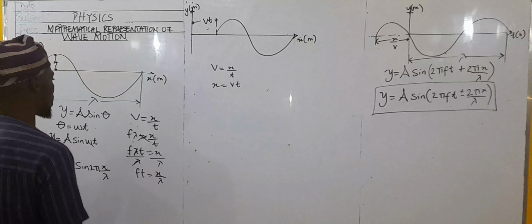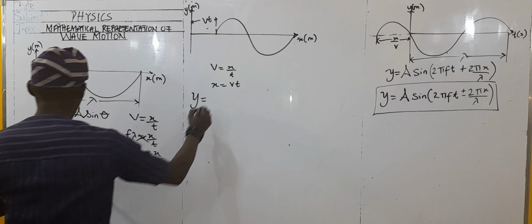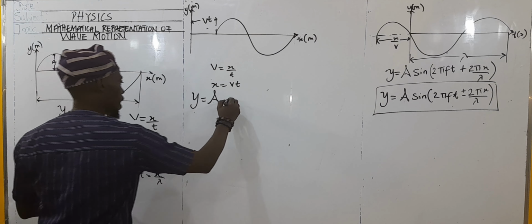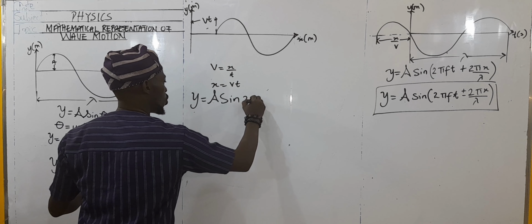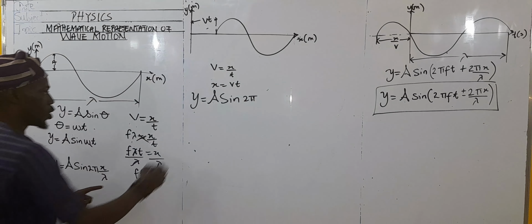So now the equation will be y equals A sine 2 pi over lambda, because I just want to talk about x, which is this. But now it has started after the origin. Now it has moved a distance of minus vt.